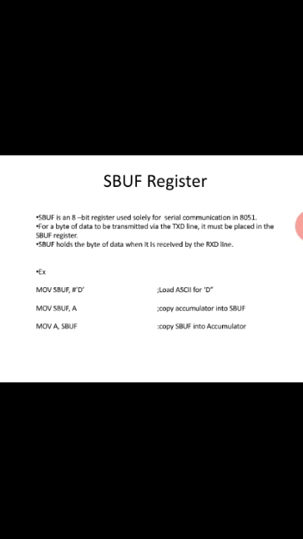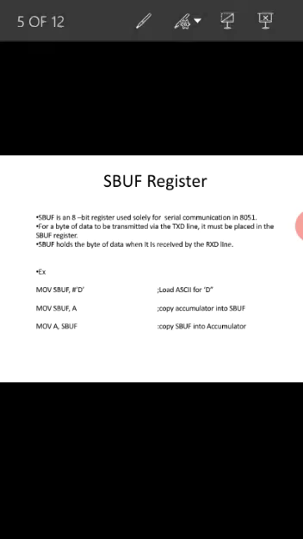When you are receiving, SBUF holds the data byte received by the RxD line. RxD means receiver line. The data that you receive will be present in SBUF, and you have to put it where you want. It can be the accumulator or it can be ports. Wherever you want, you can copy it and save it.